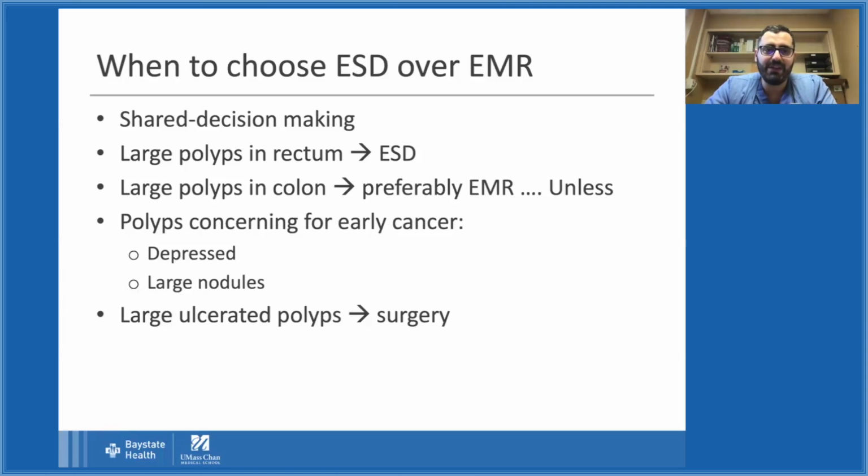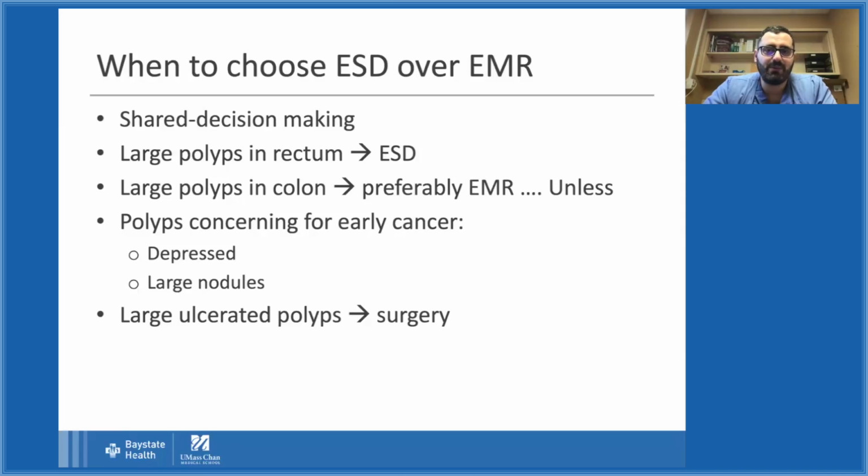I would give recommendations for certain polyps. So for polyps that are more distal, more in the rectum, we usually recommend ESD. For a large polyp in the colon, especially in the cecum and the ascending colon, on the right side, I prefer EMR because ESD usually is more technically difficult.